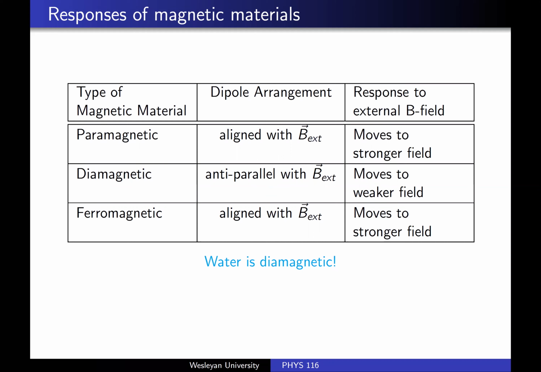So if you expose a paramagnetic material to a magnetic field, it will be attracted to the region of the field where the field is stronger. This is because the dipoles can decrease their potential energy by moving to a stronger region of the external field.